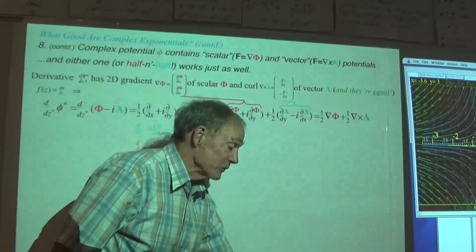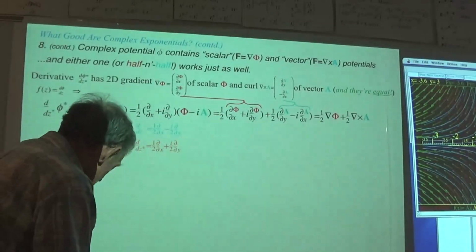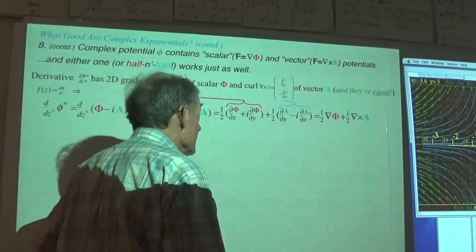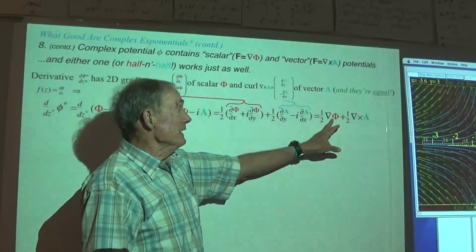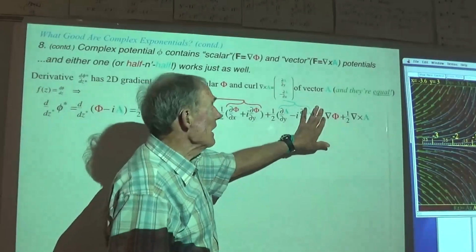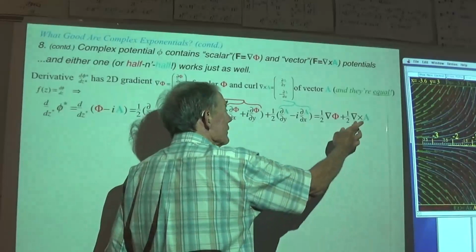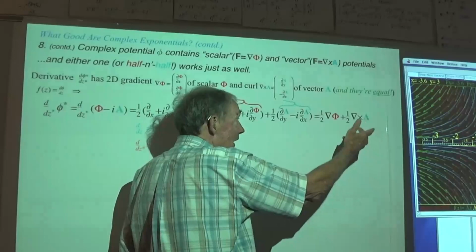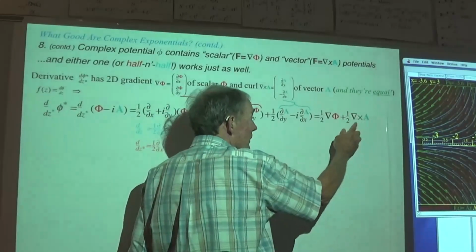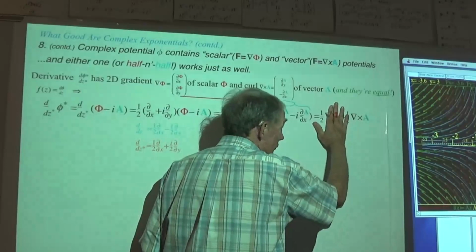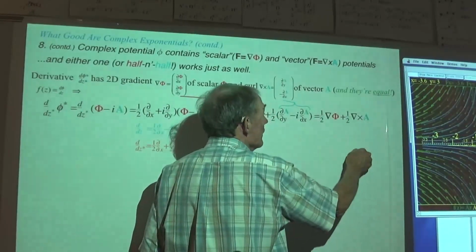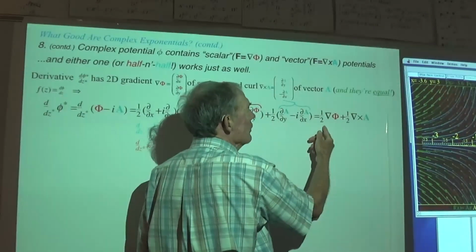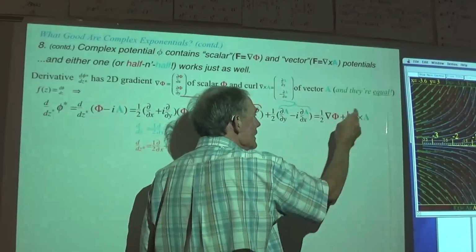It's symmetry, if you will, that reflects the Riemann-Cauchy relationships. So we can either look at the gradient and just do that one and not have a half here, or we can look at the curl of the A, the blue lines up there have a curl to them. Look at those with a 1, just call it this, or call it this, either one. Or I can do half and half, or I can do a third and two thirds, it doesn't matter, these two are equal.